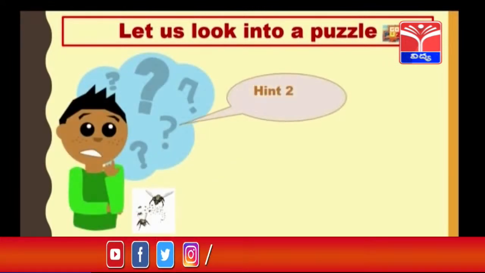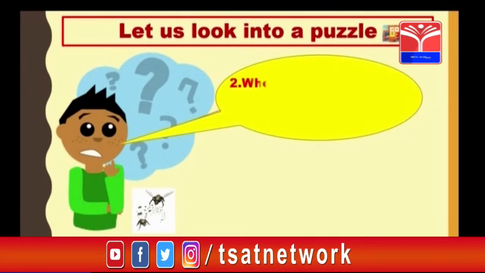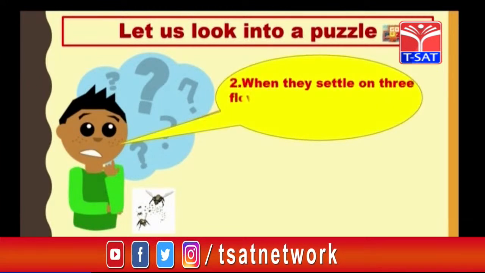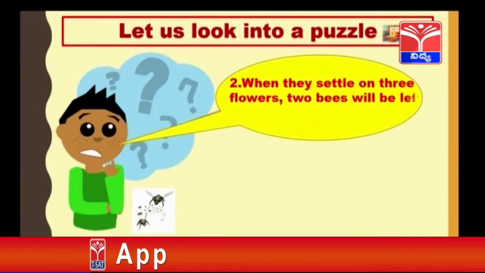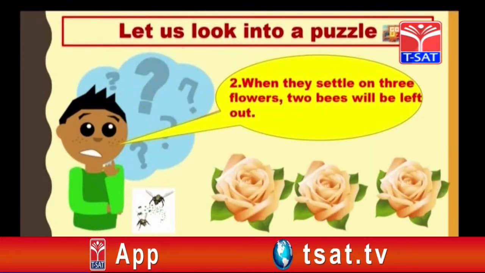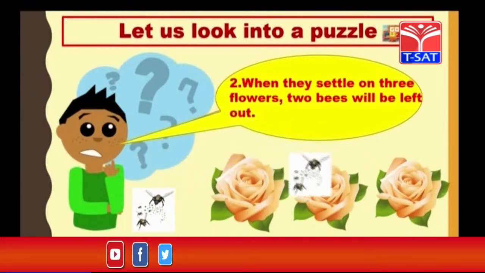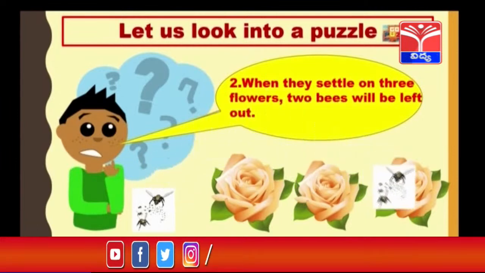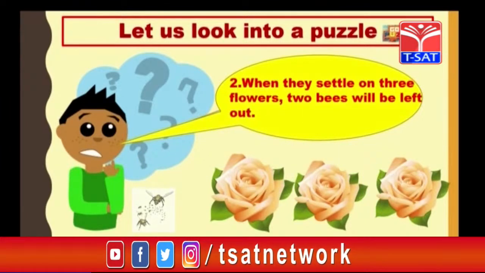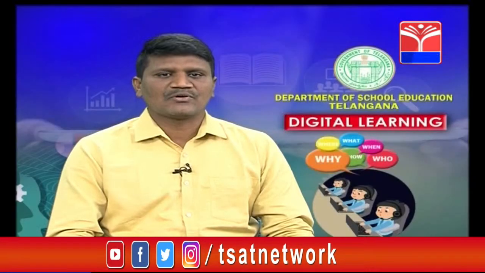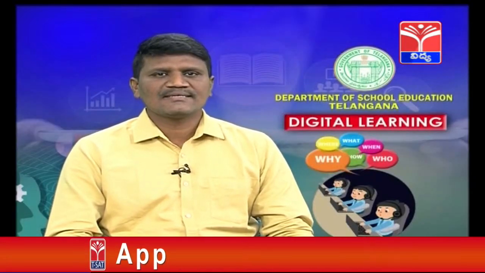The second hint is, when they settle on three flowers, two bees will be left out. Three flowers and an equal number of bees settle on the first, second and third flower, then only two bees are left out.